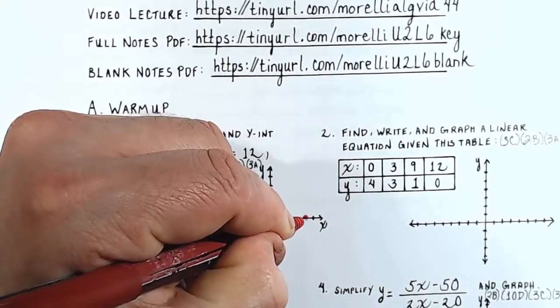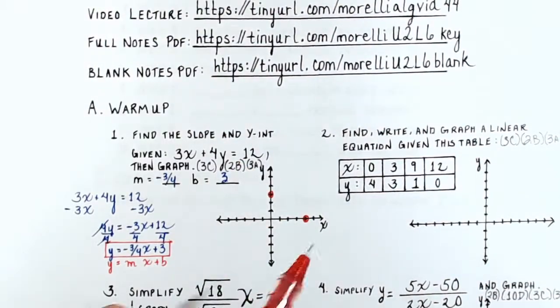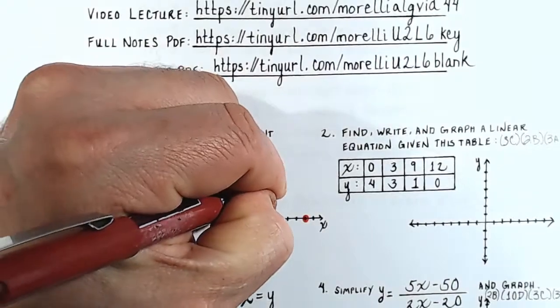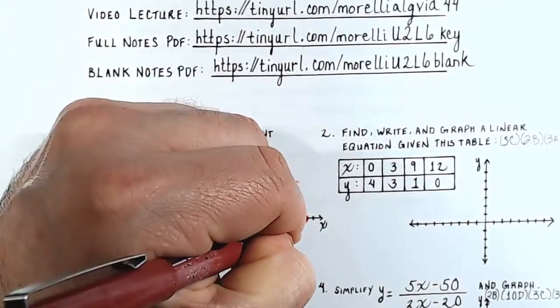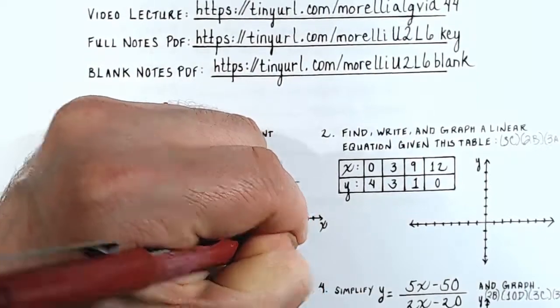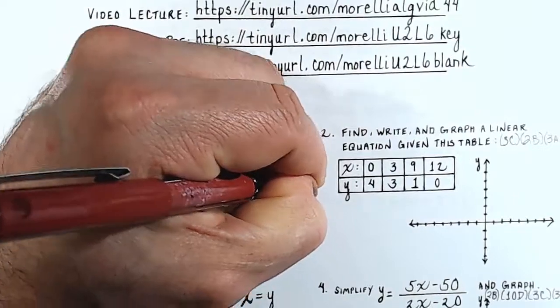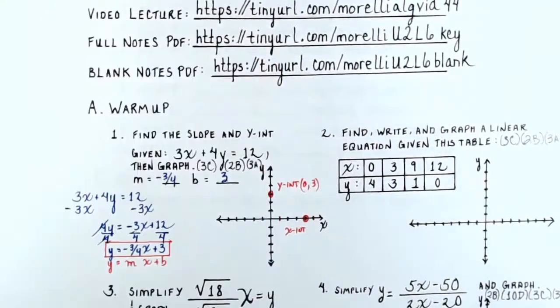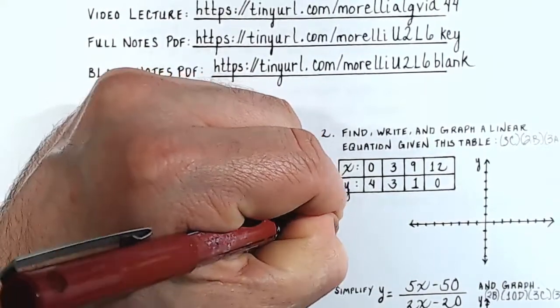Just as a coincidence here, this point I'm plotting is also the x-intercept because it's on the x-axis. So this is the y-int, and this is the x-int. This is (0, 3) for the y-intercept, and the x-intercept is (4, 0).